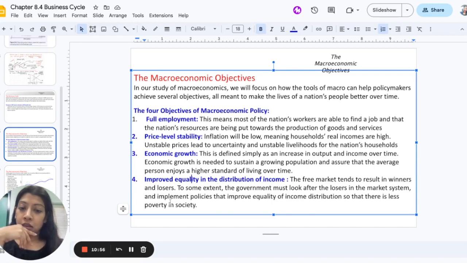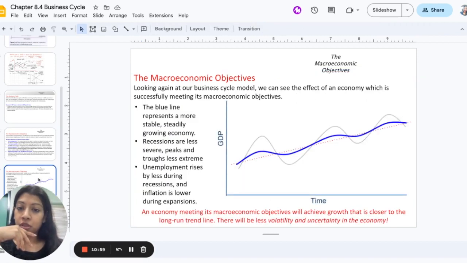Now, when we talk about the intensity of the curves, the waves of the business cycle, if the economy is actually achieving its macroeconomic objectives of full employment, of price level stability, of economic growth, especially price level stability and full employment, then the wave will be closer to potential output, right?